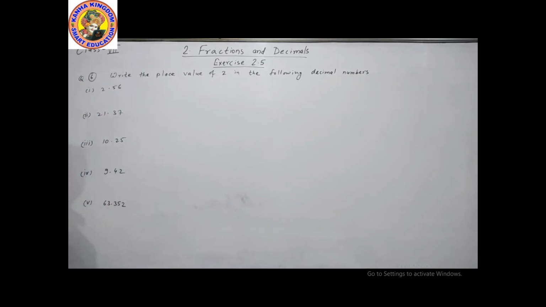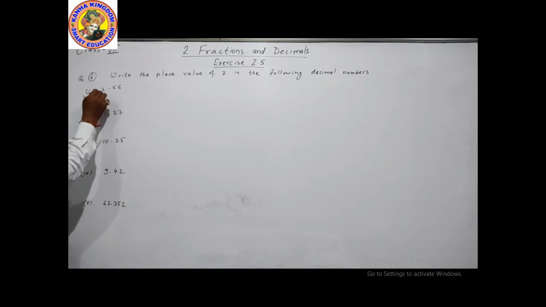Now our next question is, write the place value of 2. What is the place value of 2, ones, tens, hundreds, thousands, or tenth, hundredth, thousandth, in the following decimal number?